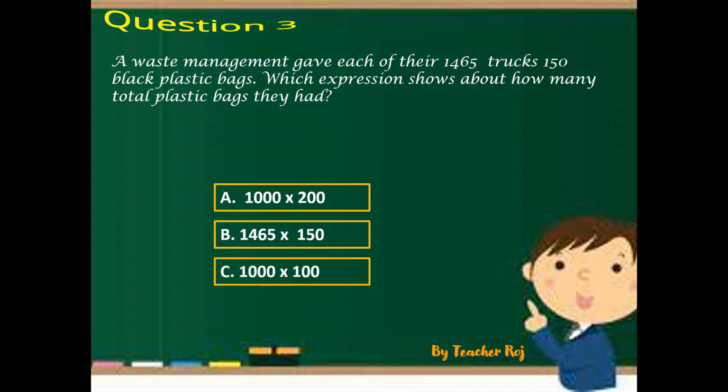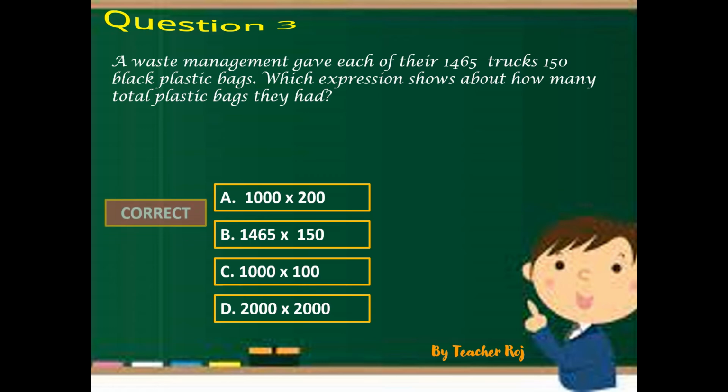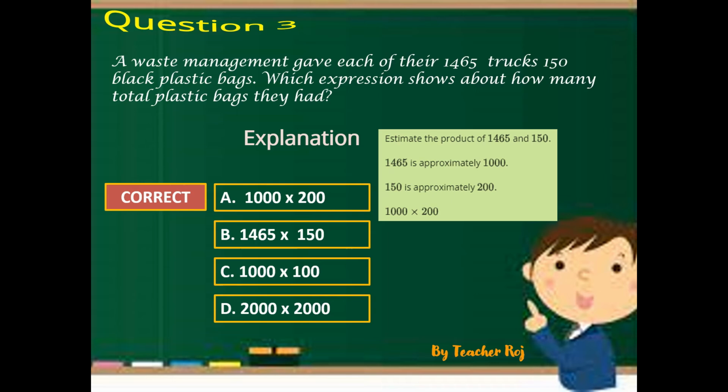C. 1,000 times 100. D. 2,000 times 2,000. Alin sagot dyan? Okay, that's letter A. Okay, bakit A?